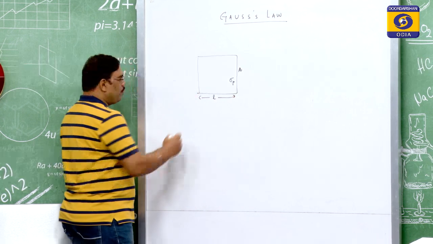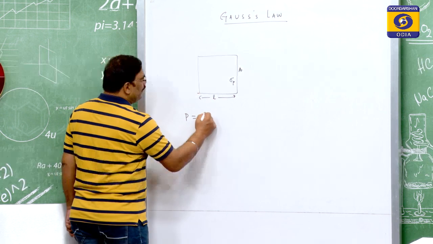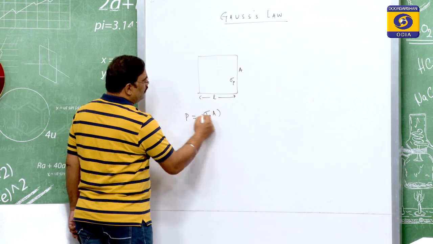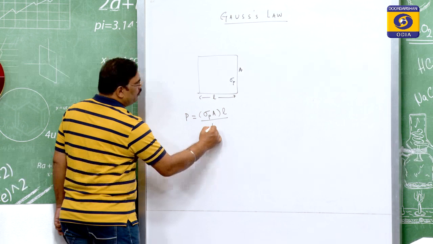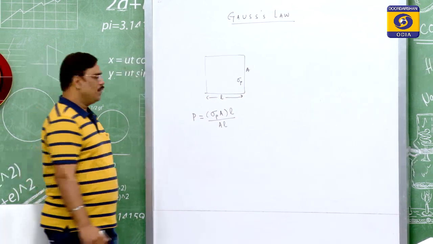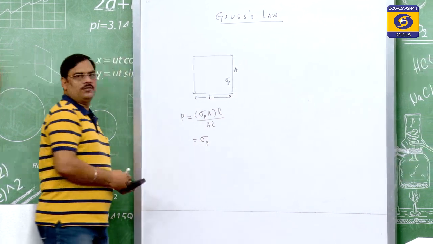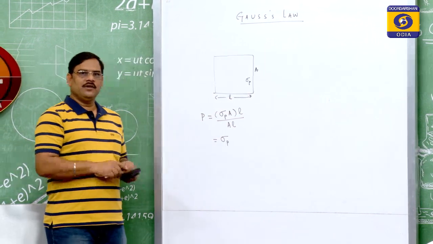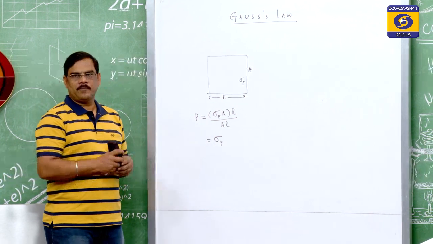Then obviously the polarization P is equal to the dipole moment, sigma p into A into L, divided by the volume of the specimen, A into L. So, this gives P equal to sigma p. So, the surface charge density is equal in magnitude to the polarization P.